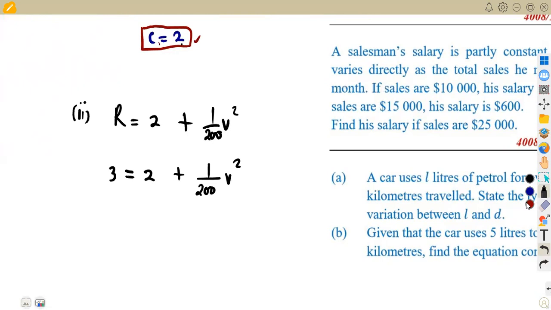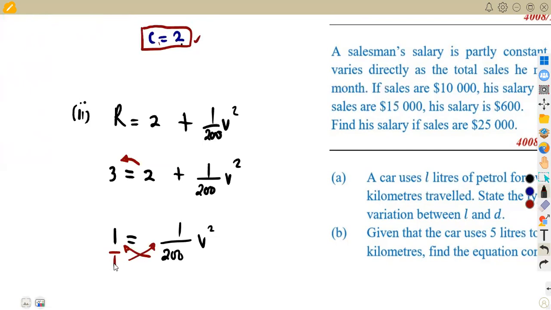So how are we going to have the value of V? You can simply transpose 2 to the other side, subtract 3 minus 2, which is going to be 1. So 1 is equal to 1/200 V squared. In order for us to remove the 200 here, you can multiply by 200, or you can cross multiply this side.